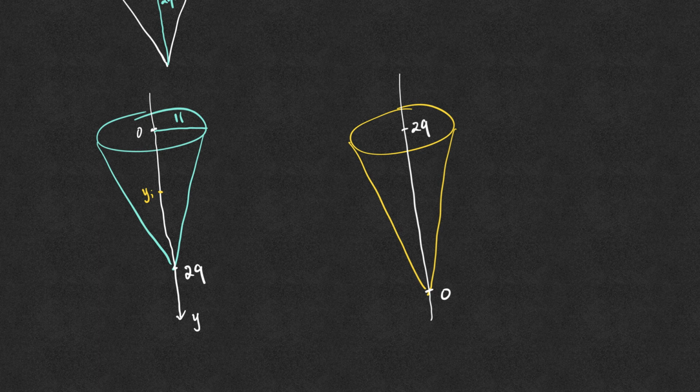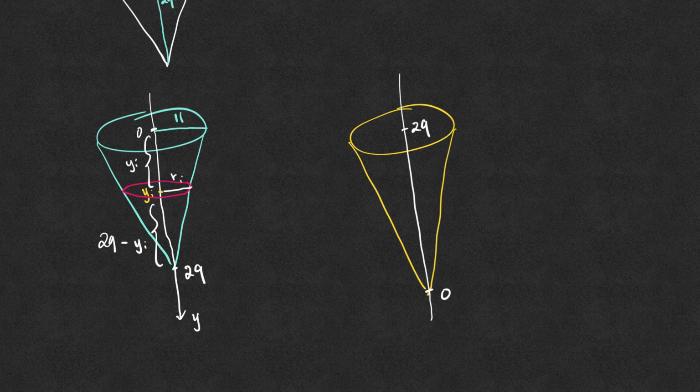And if we were to draw a circle at this y_i, then the radius of this circle is r sub i. The distance from the origin 0 to y_i is y_i, and the distance from y_i to 29 is 29 minus y_i.